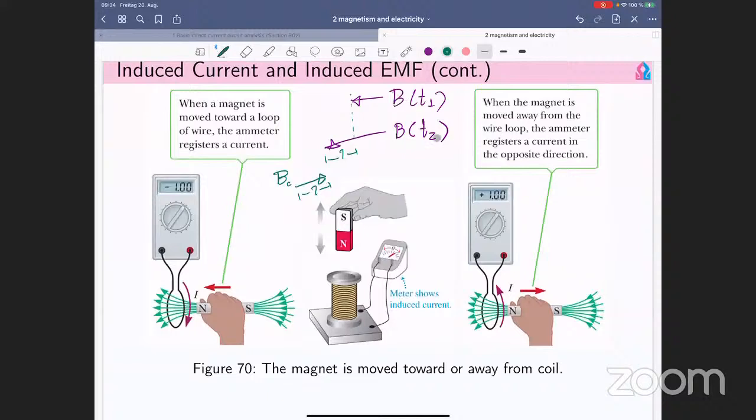But later, when this guy moved the magnetic field to me, I feel there is a stronger magnetic field on me. So I have to produce a magnetic field, magnetic flux density, against the additional one here. That's the additional magnetic flux.